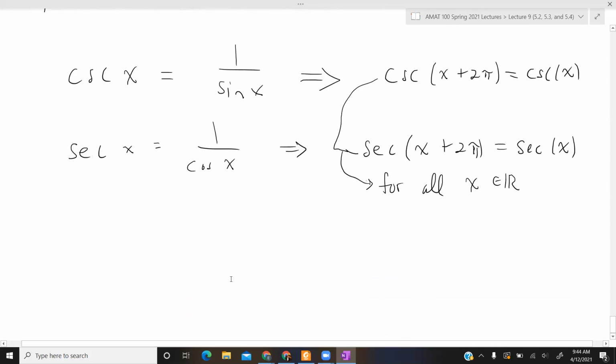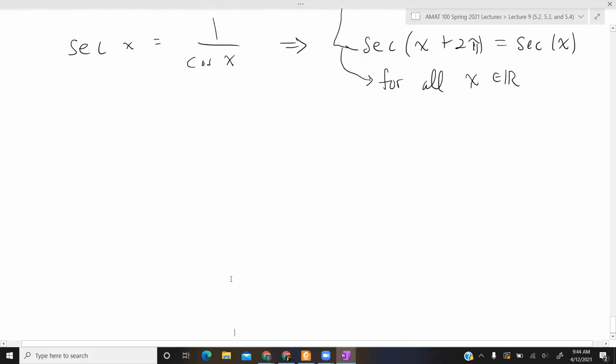But what about tangent? If you remember, tan x is defined as sine of x over cosine of x. It might not be immediately obvious that the tan function is periodic.